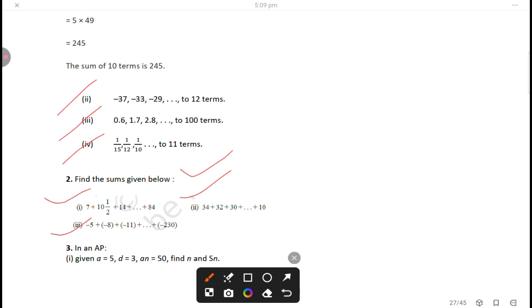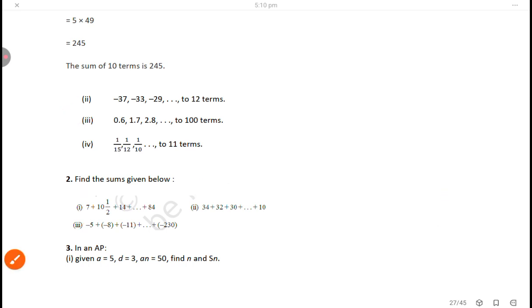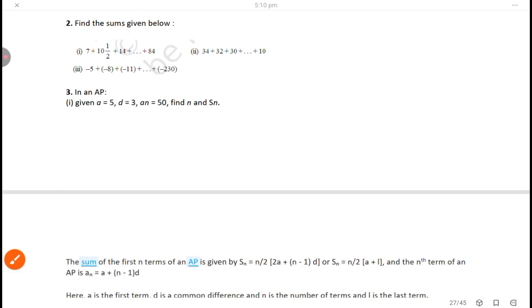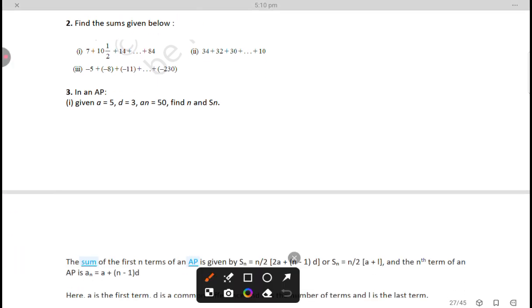With the same formula you can find the sum of the terms. For the third question in AP, given data: a is given, d is given, n is given. Find n and S_n.